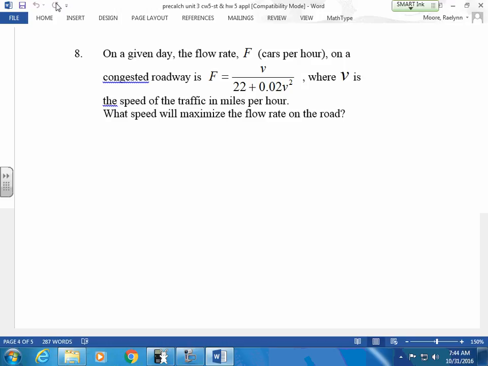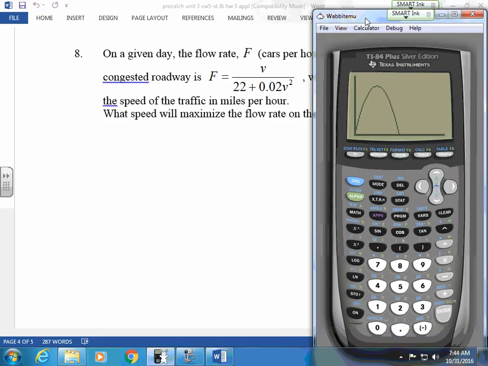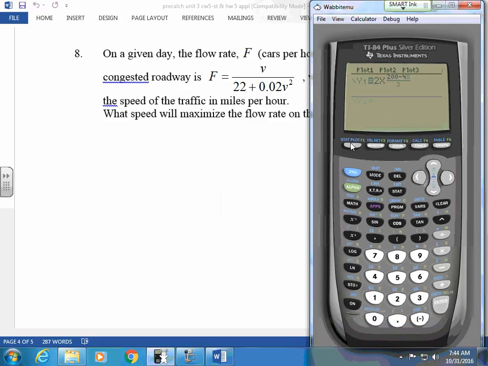So let's go put this in your calculator. This is a great calculator one to work on. So get this in your calculator just like you read it. If you do this without a fraction bar, make sure you put parentheses around your denominator.